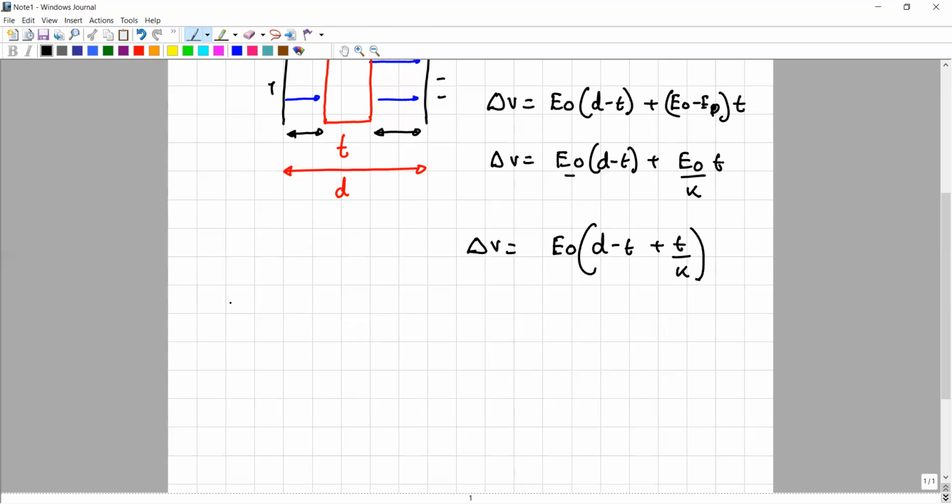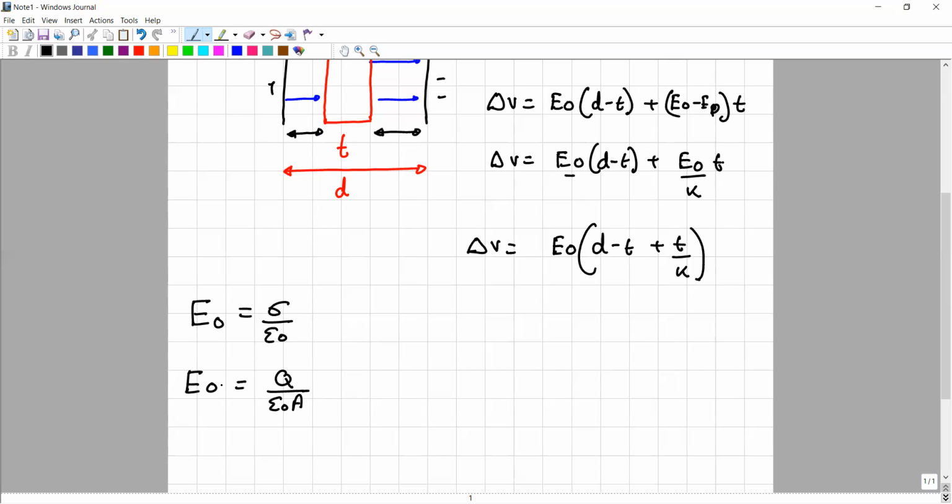Now, we know that the electric field between the plates is sigma over epsilon naught. And sigma we can change into charge over area, and then epsilon naught.